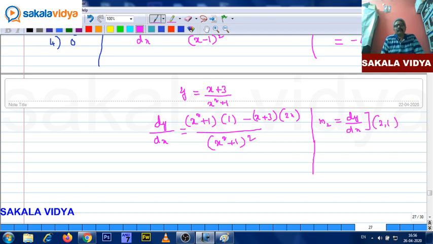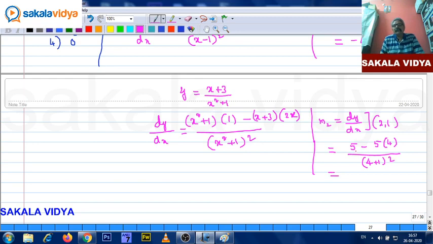So, substituting here 4 plus 1/5 into 1/5 minus 2x... into 4 upon 2 squared, 2 squared is 4, plus 1 whole square.